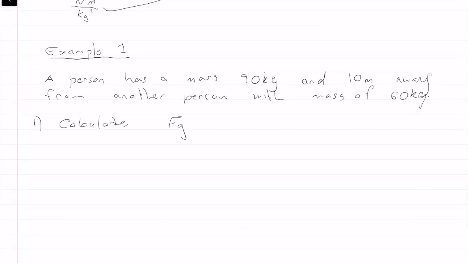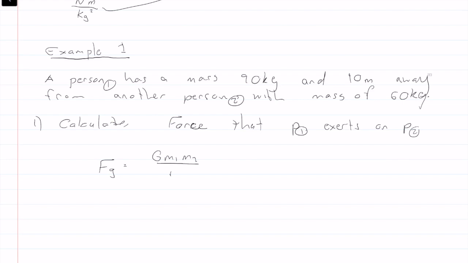Let's say this is person 1 and this is person 2. So calculate the force that person 1 exerts on person 2. We go to our basic formula, which is Fg is equal to G m1 m2 over r squared.